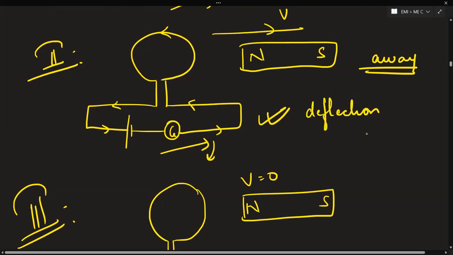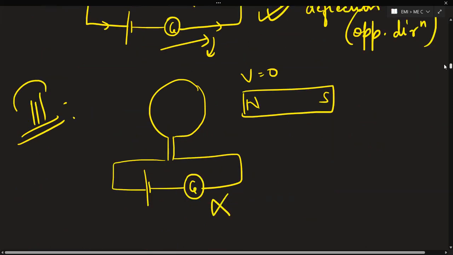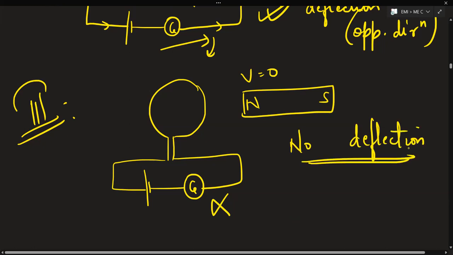The difference is that it was in the opposite direction. And when the bar magnet was kept stationary, meaning no magnet was moved, what happened? No deflection was observed. So what can we conclude from these experiments?